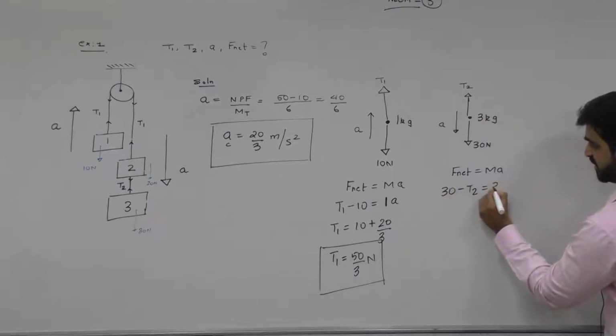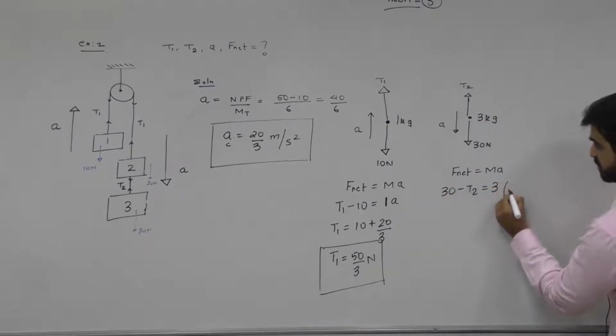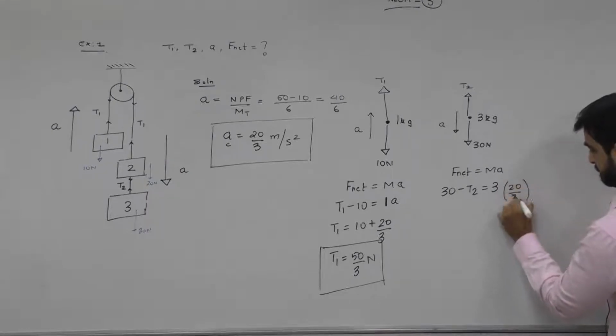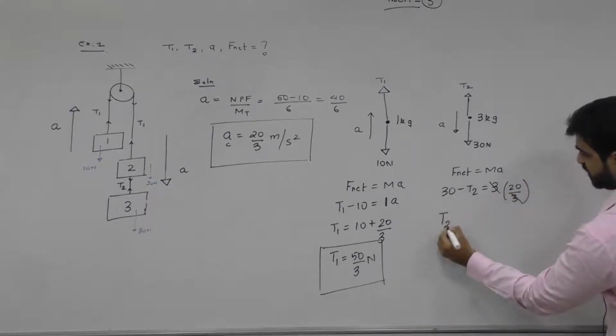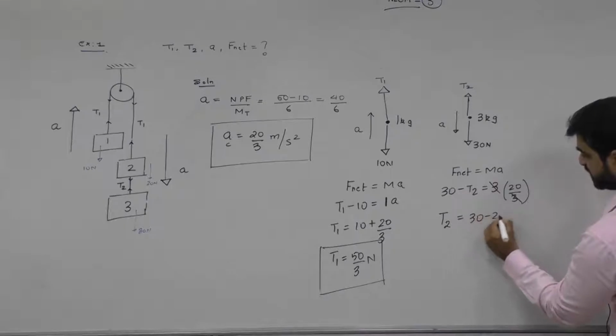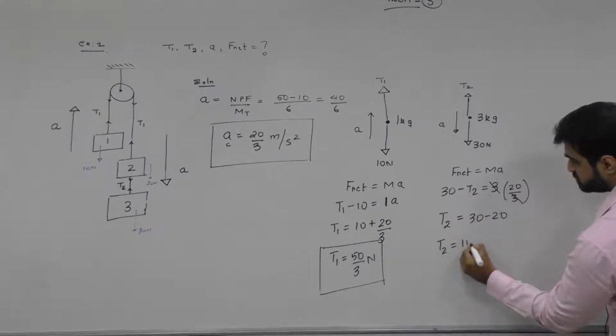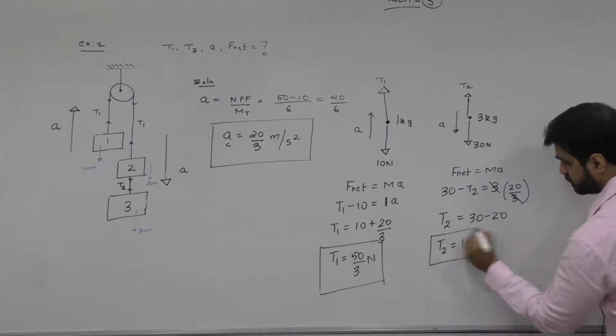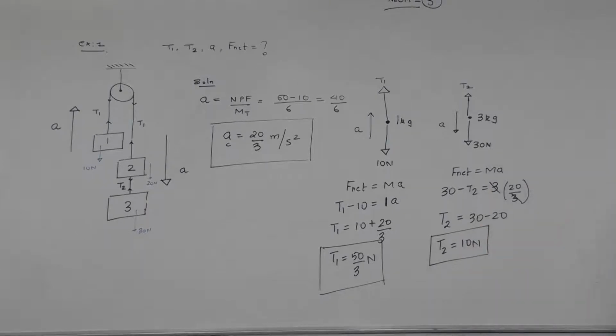How much is M? 3. What is A? 20 by 3. So T2 will become 30 minus 20. It will become T2 will become what? 10 Newton. Yes or no? Everyone, yes or no?